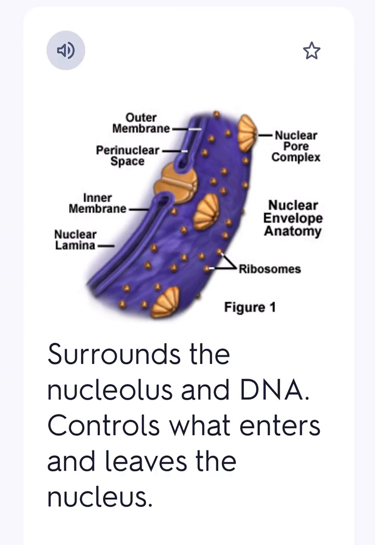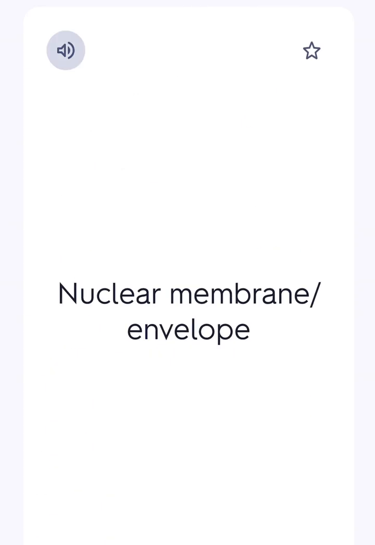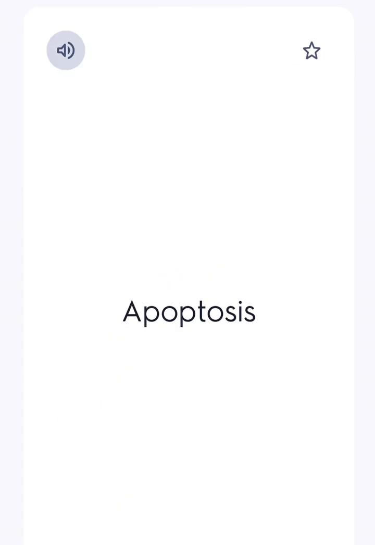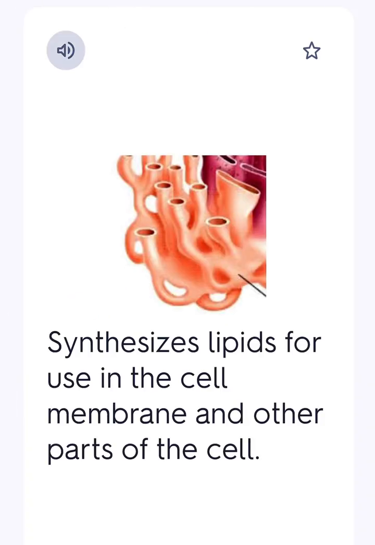Surrounds the nucleolus and DNA. Controls what enters and leaves the nucleus. Nuclear membrane/envelope. Programs cell death/suicide when a cell can't be repaired, has died, or may cause problems like cancer. Apoptosis. Synthesizes lipids for use in the cell membrane and other parts of the cell.